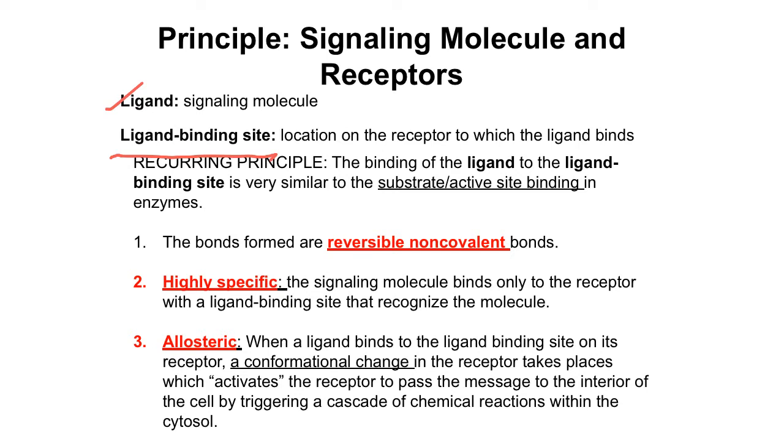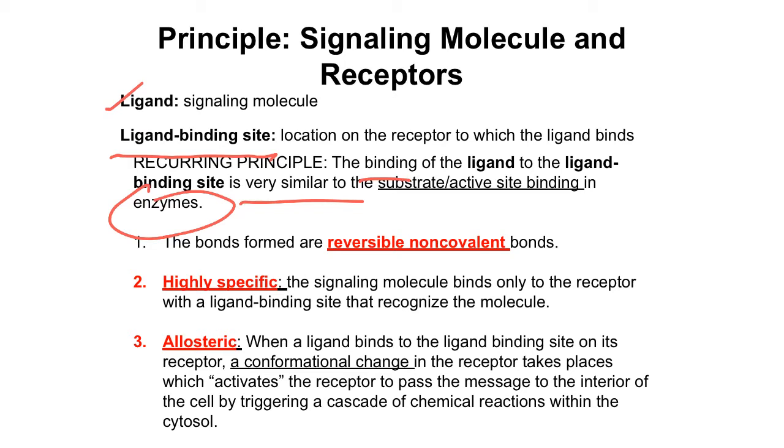Now, there is a recurring principle that we encounter here, which is that the binding of the ligand to the ligand binding site is very similar to the substrate active site binding in enzymes. So they actually operate according to the same principle. And there are three main important features that relate the binding of the signal molecule to the way the receptor behaves.